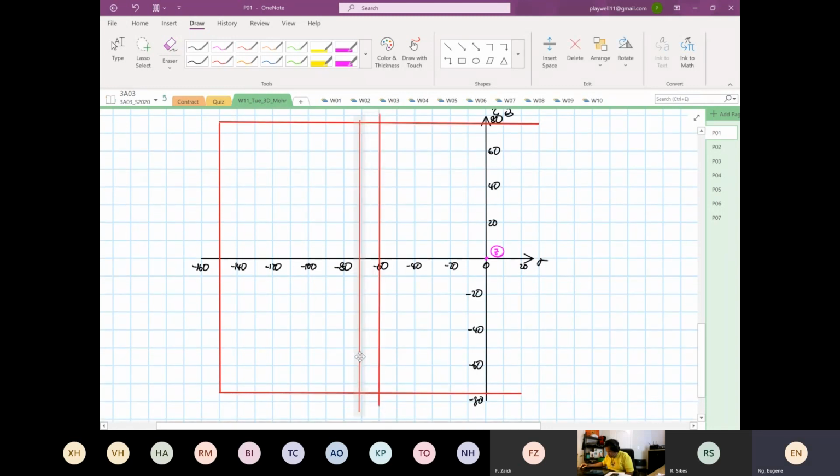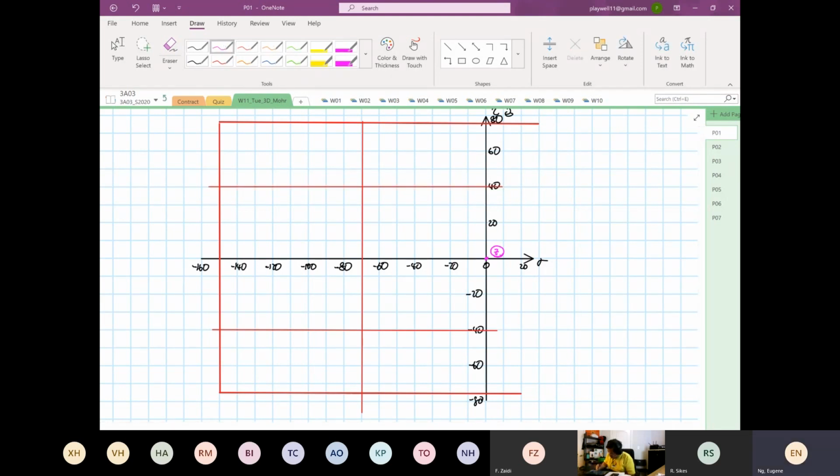So this is our 70 line. And then we have our 40 line. So this is our 40 line. Again, we know that this is our point X.